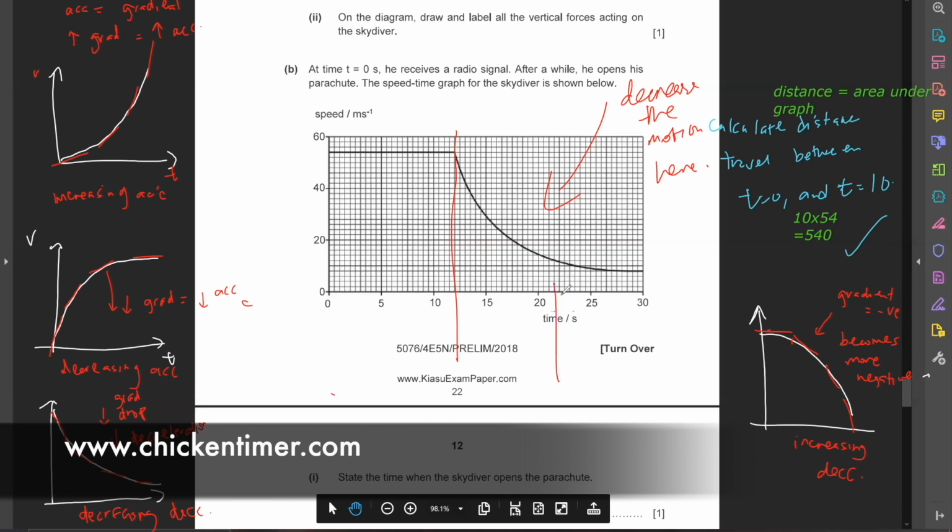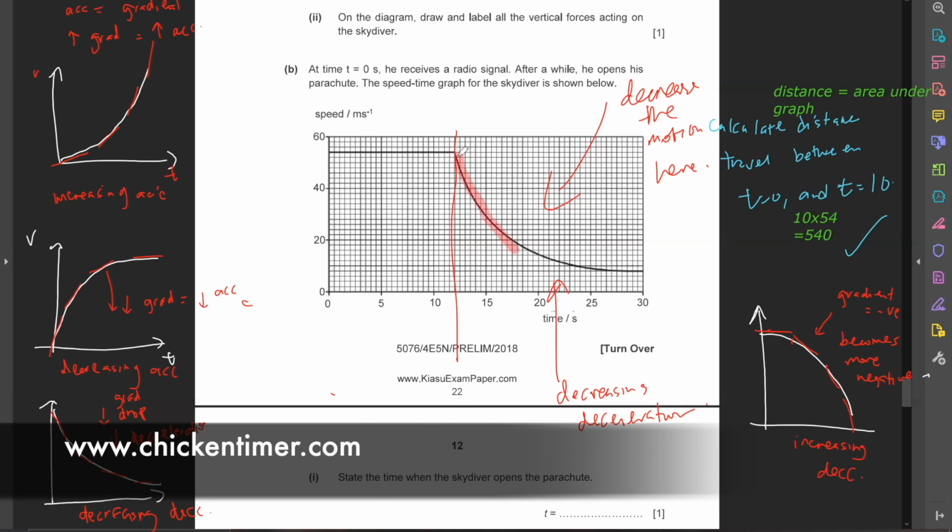So over here, that means this is a decreasing deceleration. Okay. So first part down here, it is decreasing deceleration. Then there's a second part here.